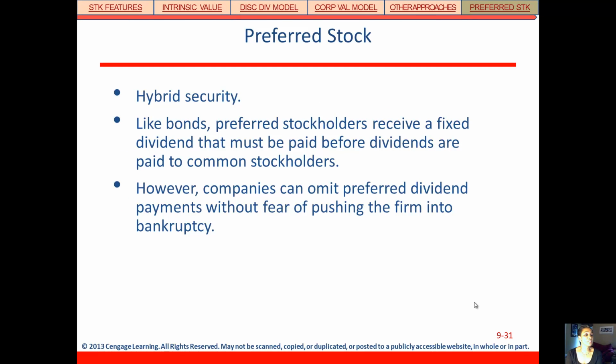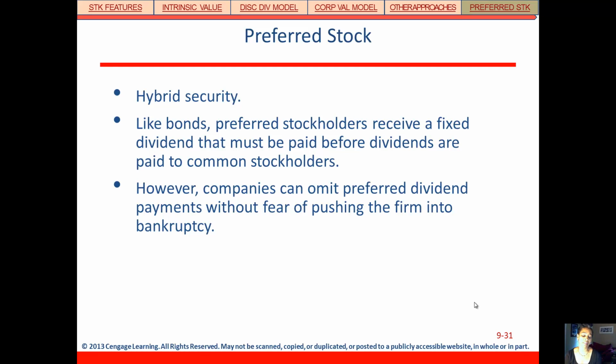Now lastly, we just need to touch on preferred stock again, and remember it's a hybrid security, so it's somewhere in between stocks and bonds, because like bonds you get a fixed payment even though it's called a dividend, but like stock you do have some ownership in the firm, and so companies can choose not to pay.